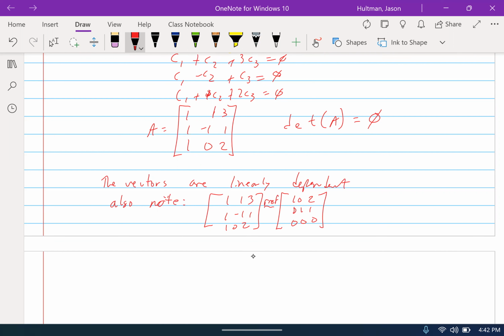It contains a 0 row, thus dependent. So either way, it's dependent.